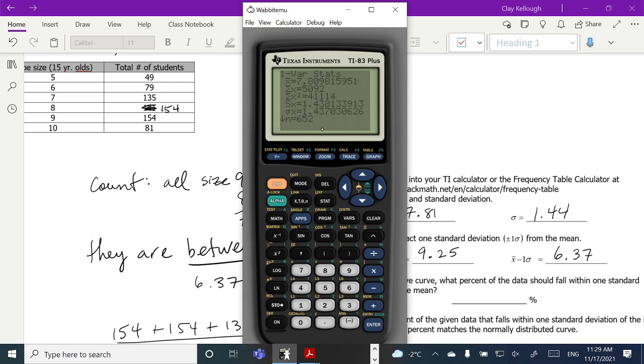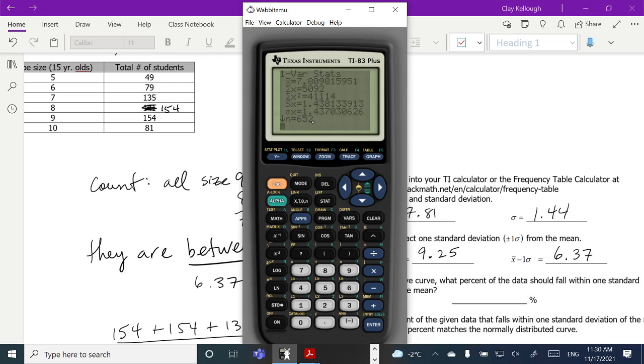I haven't done the divide yet, but I want to know what percent of the data this is. So I have 135 size 7s, I have 154 size 8s, I have 154 size 9s. Overall, according to this, I have 652 pieces of data.